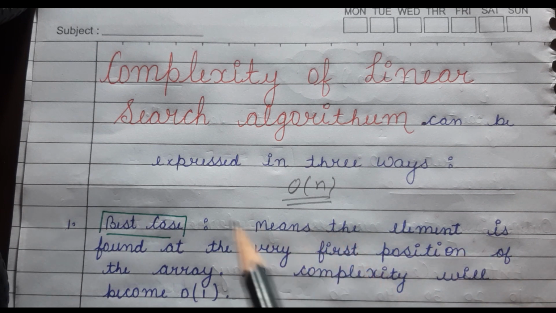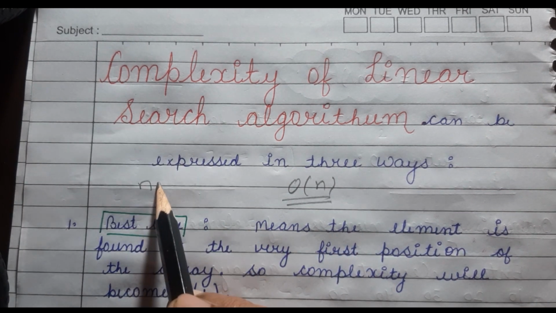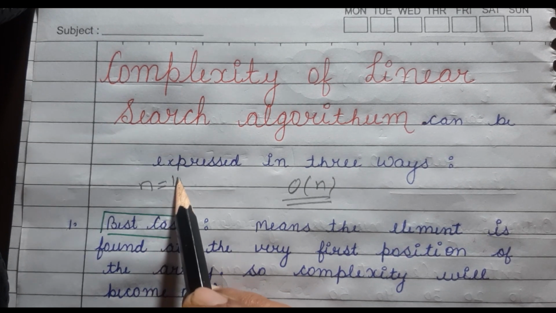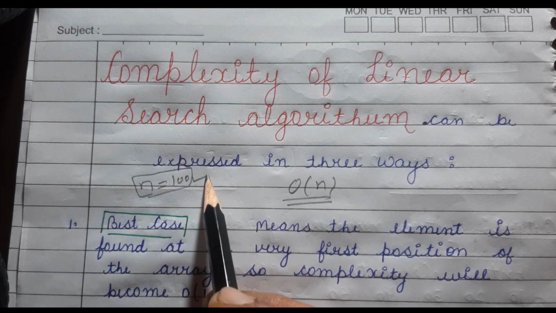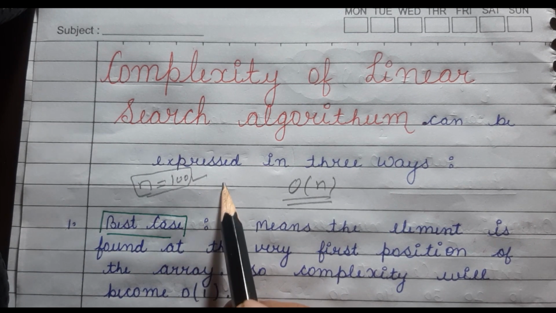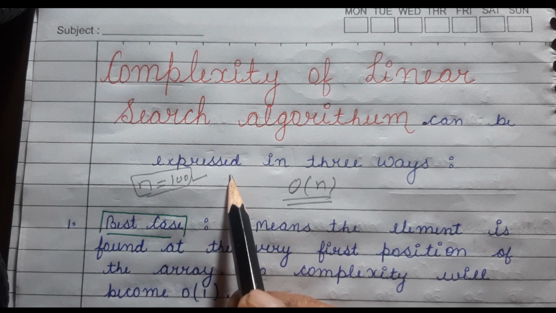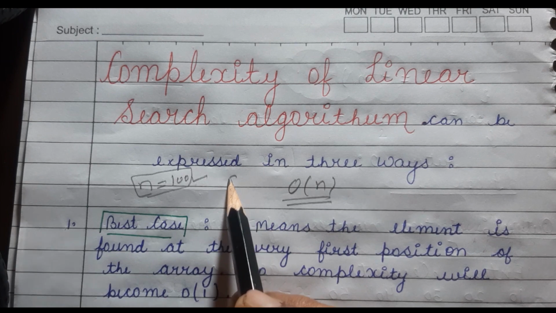If we have an array of 100 elements, n has a value 100, and the searching element that you want to search in the array is placed at the last position, that is 99.